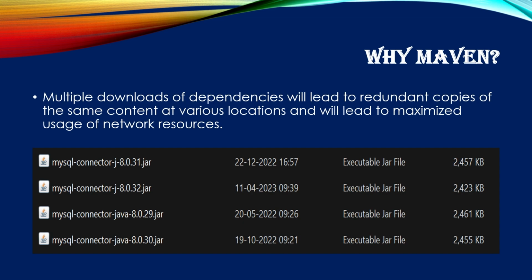But what if my system has multiple projects and some projects need the older version? It is very difficult for me to maintain and to remember also. If I keep on deleting blindly, then maybe next time I'm working with a project which is using an older version and I can't upgrade, I need to download again. So it is going to take some bandwidth also. So all these are the various issues here.